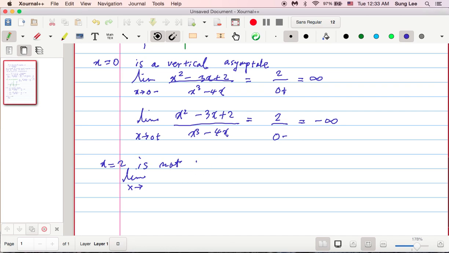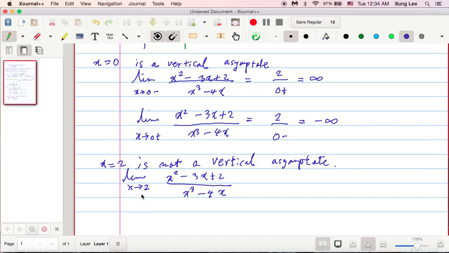This is not a vertical asymptote. How do we know? Because in this case, the limit does exist. x squared minus 3x plus 2 over x cubed minus 4x. The limit of this function when x approaches 2 does exist.